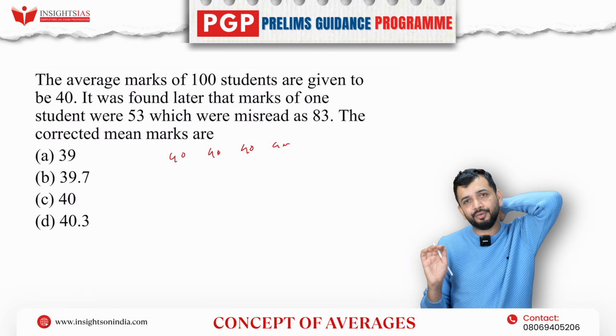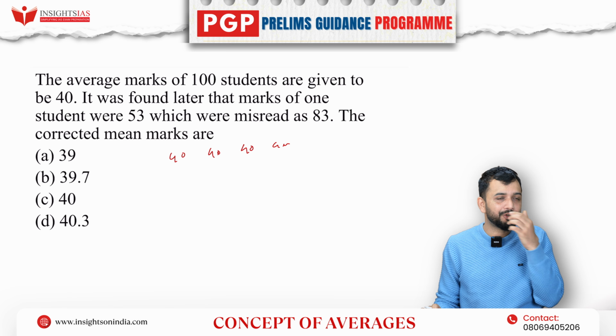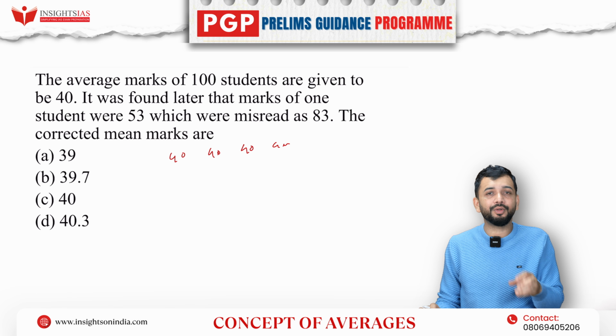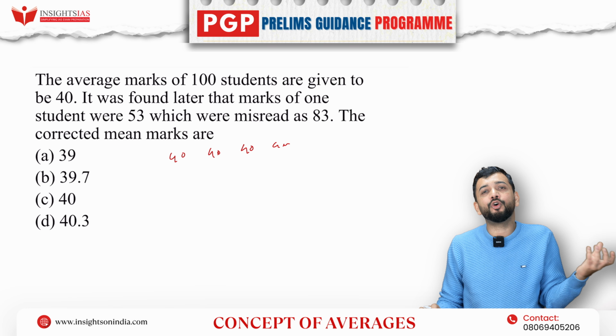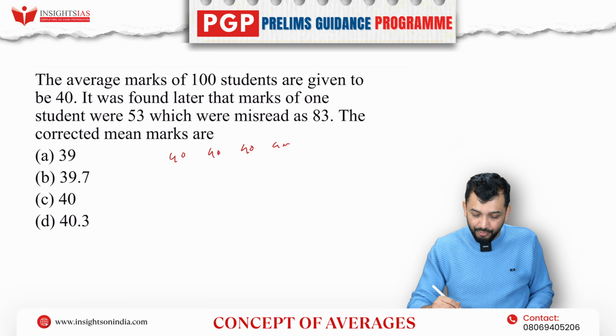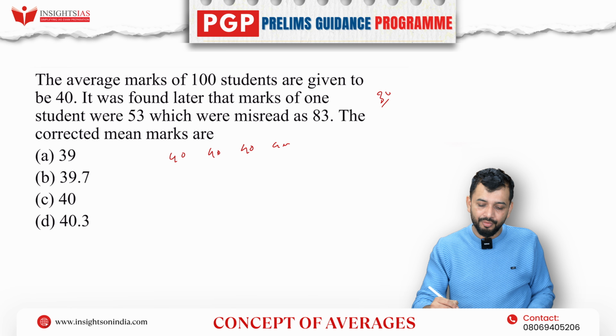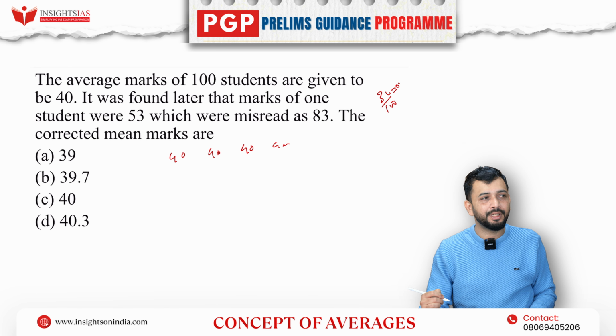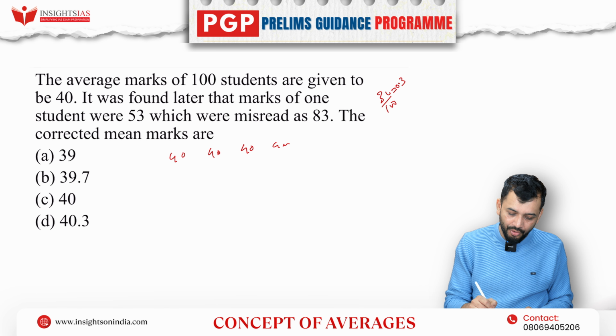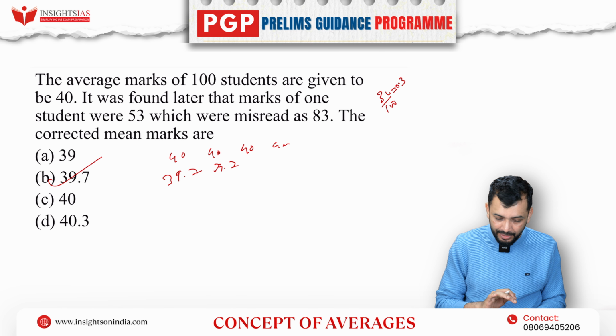Now in this average, what is happening? 30 has to be reduced. Now this 30, whatever extra has been taken, is distributed among how many people? 100 people. So if I divide this 30 by 100, each student will lose 0.3. So each 40, if they were having 40 before, after losing 0.3, 39.7 will be the new average in any way, right?